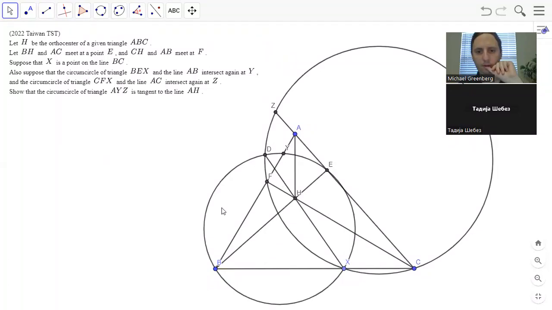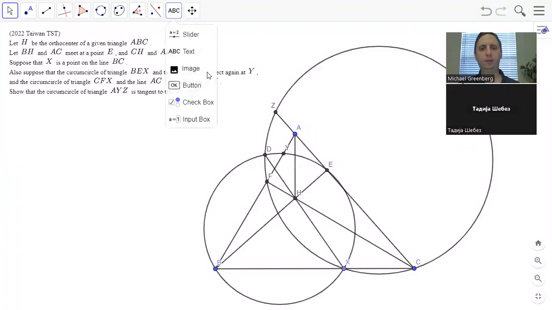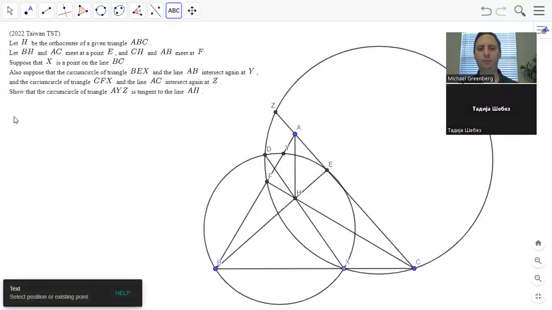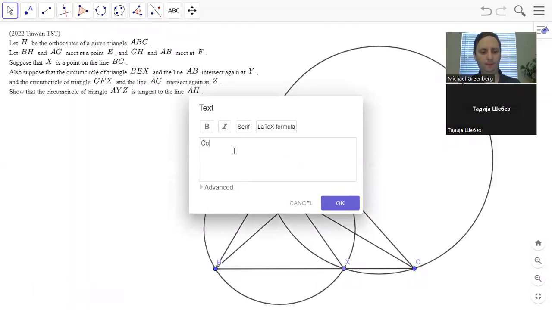Okay. Interesting. So consider an inversion at H with radius root BH times HE. I think it's HF, right?